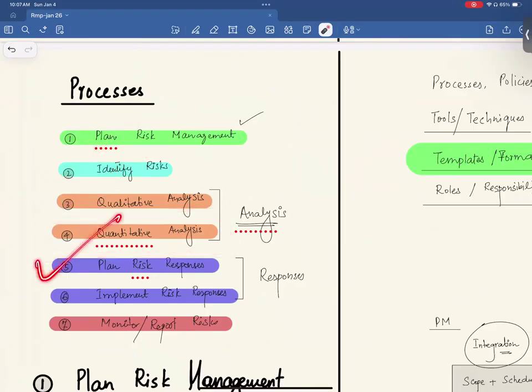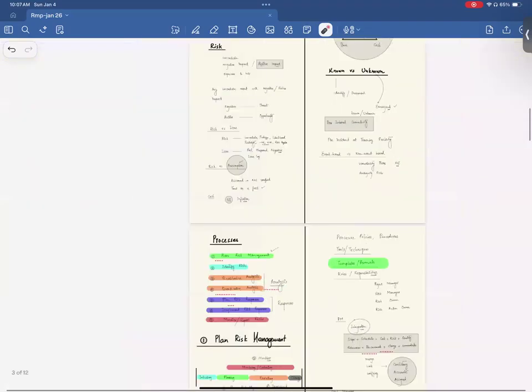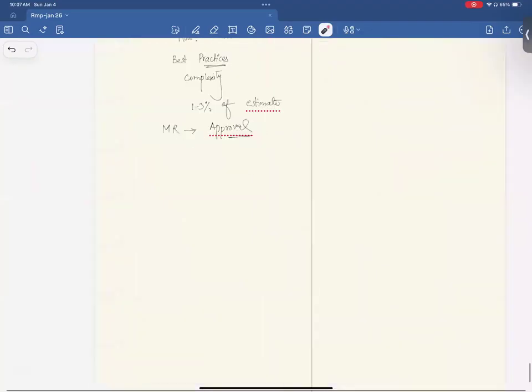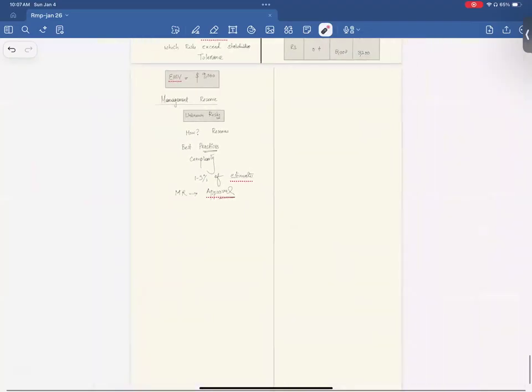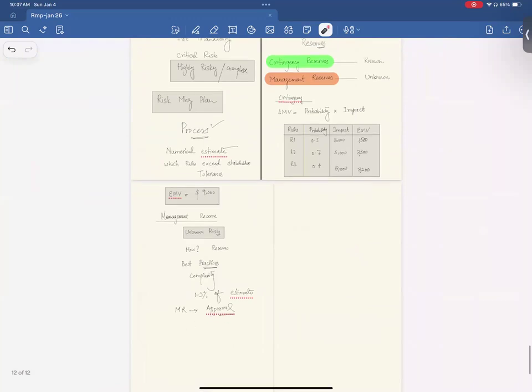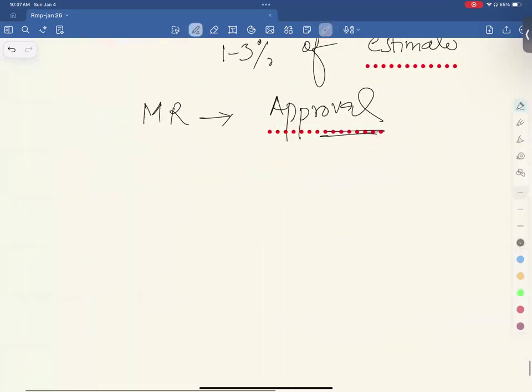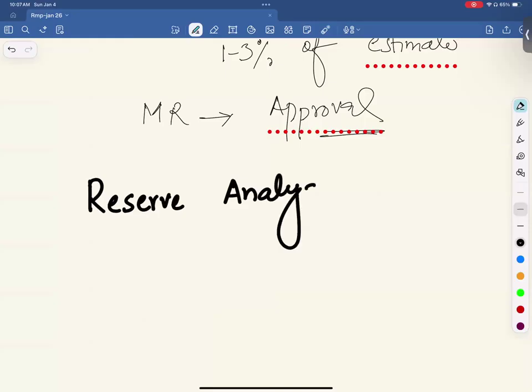And then we'll be talking about plan implementation and monitoring. So let's go down and start. The last thing that we discussed yesterday was contingency reserve and management reserve. So this is what we do in reserve analysis. We calculate our reserves, right?